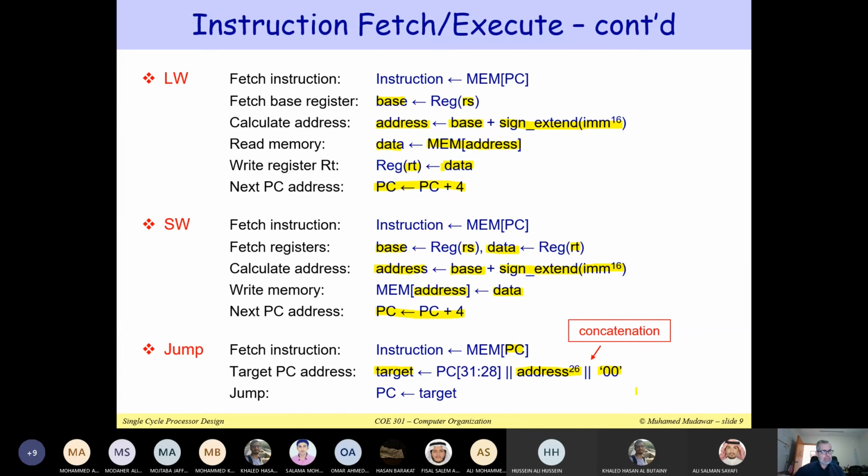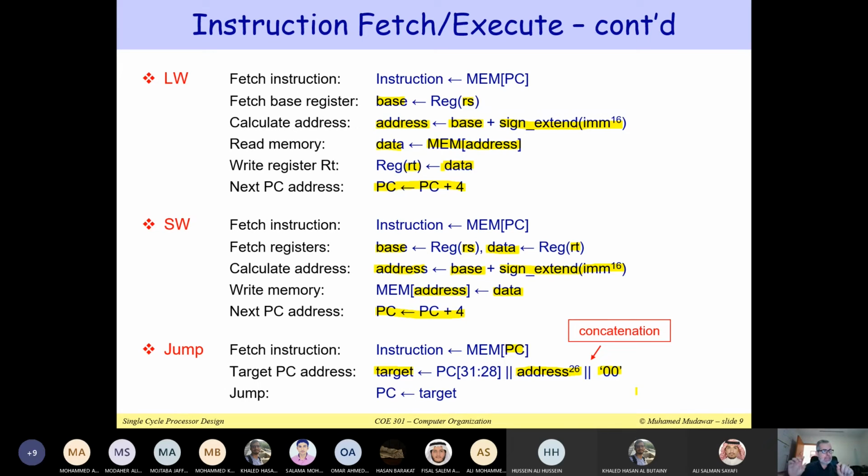The 00 will always be the least significant 2 bits because all instructions are 4 bytes, so their addresses are multiples of 4 and aligned in memory. So these least significant 2 bits are always 0 and 0.